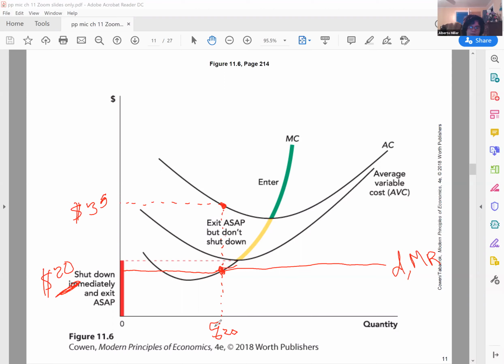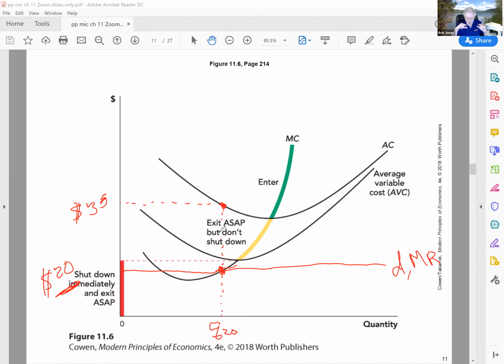No. The average cost is too much compared to what they're getting out of it. That's right. Q20 is the quantity that will give them maximum profit if they produce at all. But here we see that they are losing money.